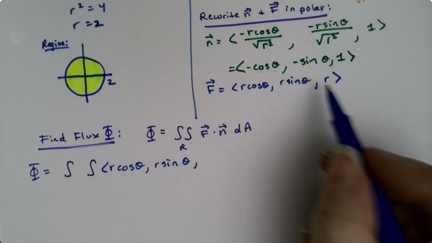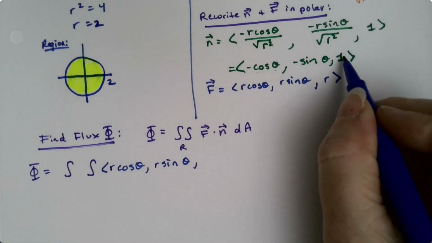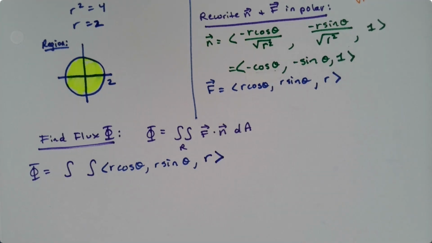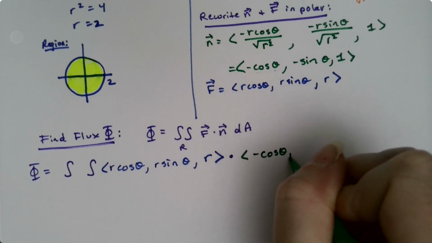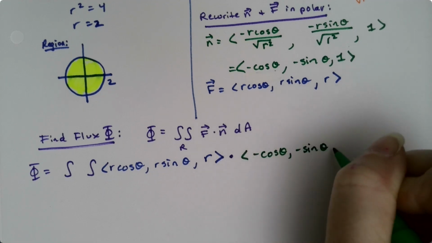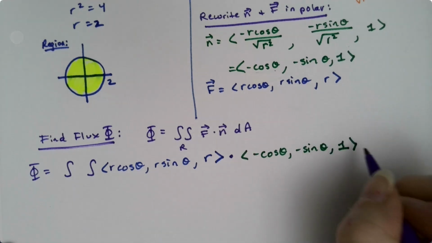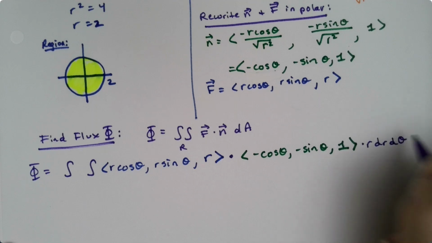Oh, I meant to write 1 there. I don't know what I was doing. Oh, no, it is r. Sorry, it's this one that's 1. That's r. There we go. And then I'm going to dot product that with the normal vector, which was negative cosine of theta, negative sine of theta, 1. And then because I'm switching to polar, I'm going to put r dr d theta.